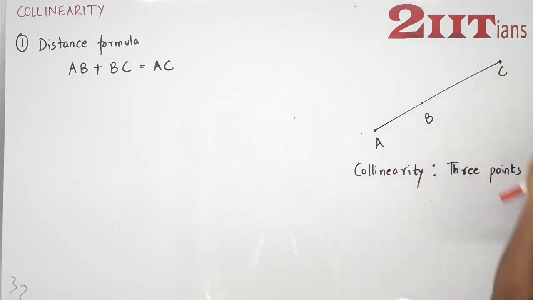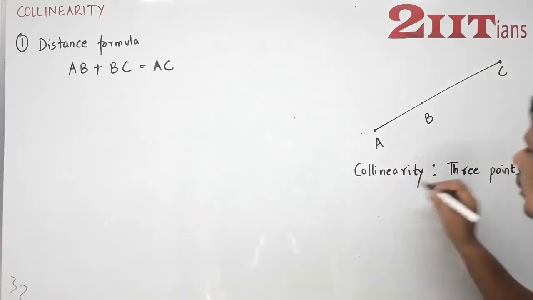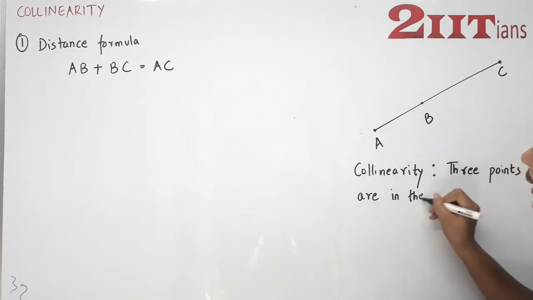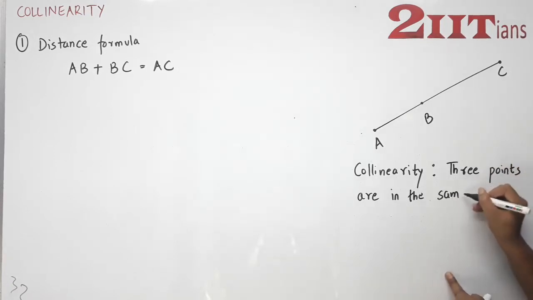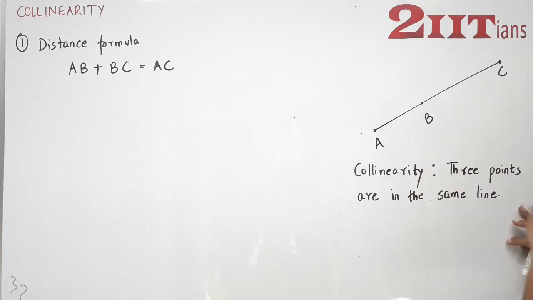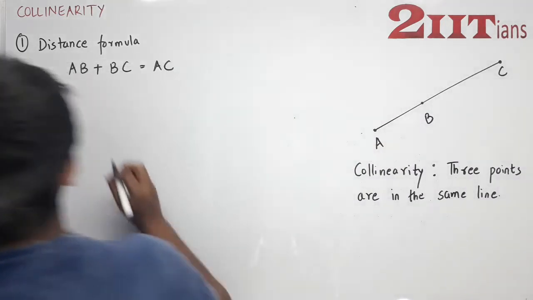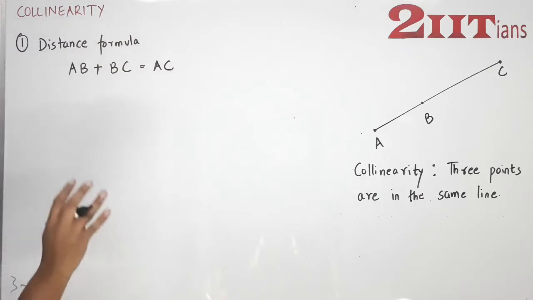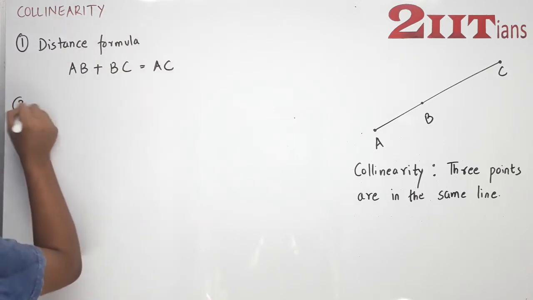After 3 or more points, we will have to check whether they are collinear or not. If the 3 points are in the same line, this means that the 3 points are collinear and collinearity is true for those 3 points. Okay, so don't get confused between collinearity and collinear. They are almost the same things.